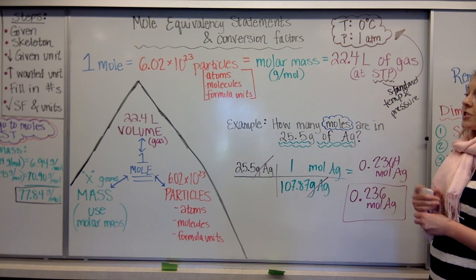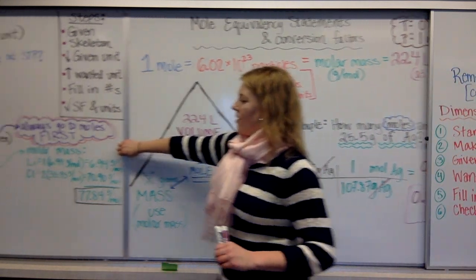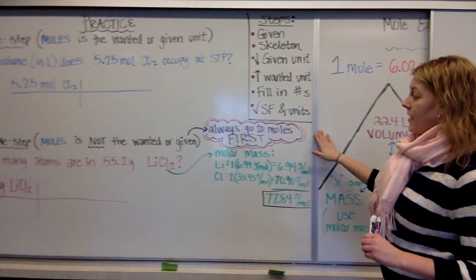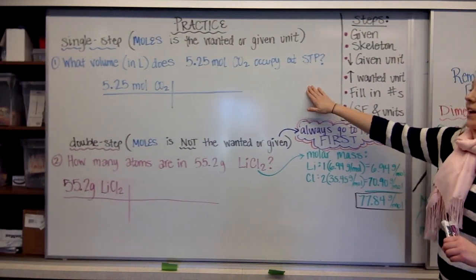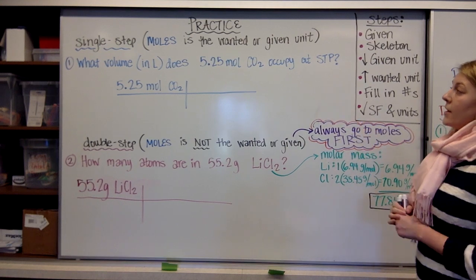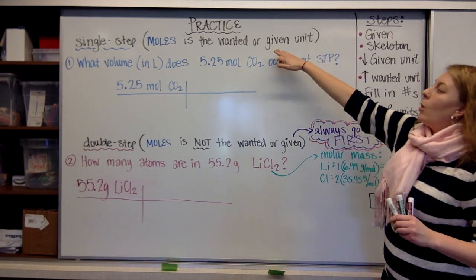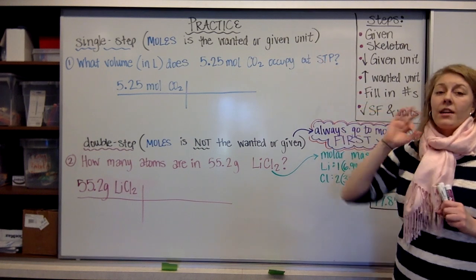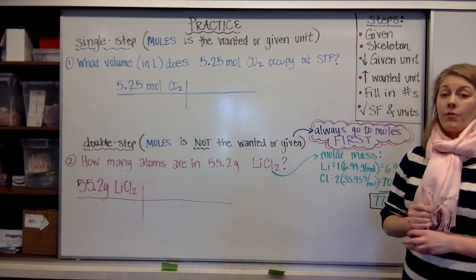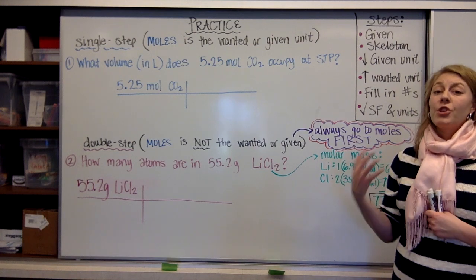Now, we're going to take a look at 2 other examples: one step, which we just did, but we're going to take one more look at it, and 2-step dimensional analysis using moles. So, our single step. This is when moles is the wanted or the given unit. So either we're converting from moles or we're converting to moles.